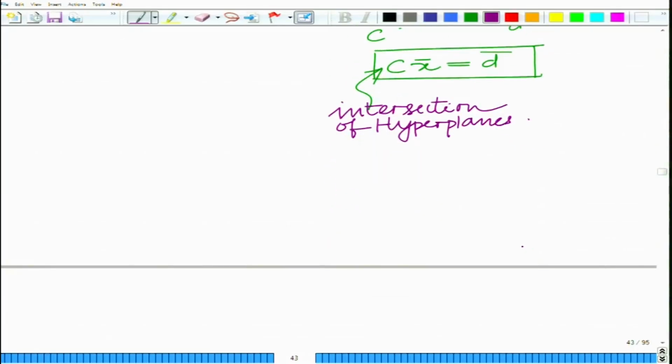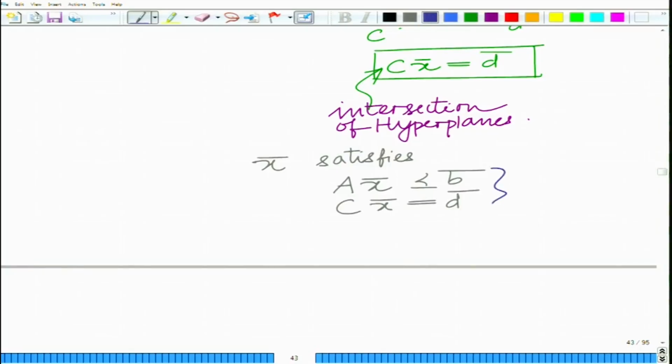And now if you put them together, you have an intersection of hyperplanes and half spaces, that is, vectors x bar that satisfy A x bar component wise less than or equal to B bar, and C x bar equals D bar.